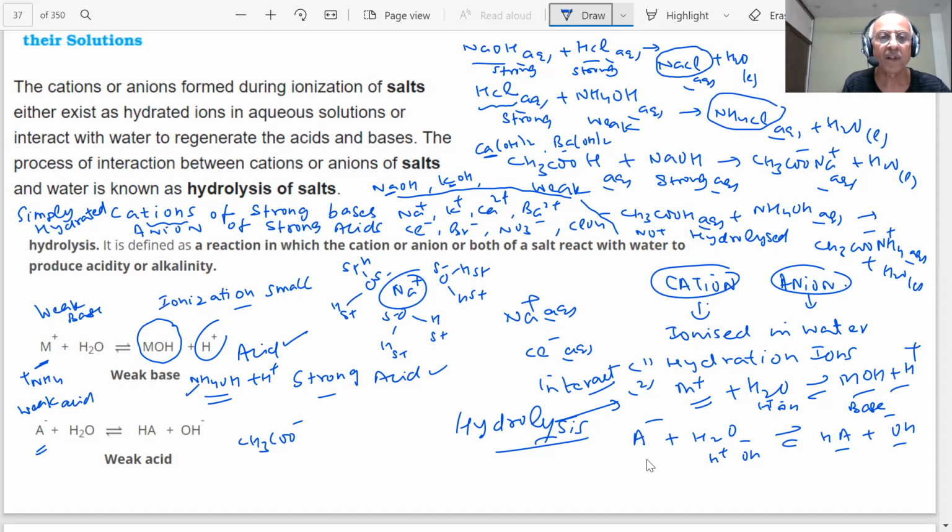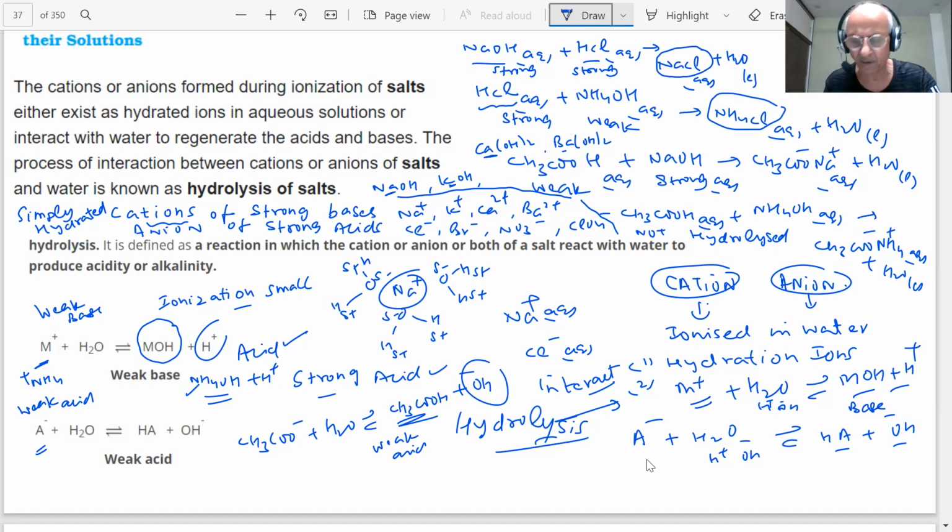Now what will this produce if it reacts with the water? You can see this is a weak acid. Its ionization is small, so there will be a net increase in the concentration of OH minus, and the solution will become basic. Note down these points. We proceed further.